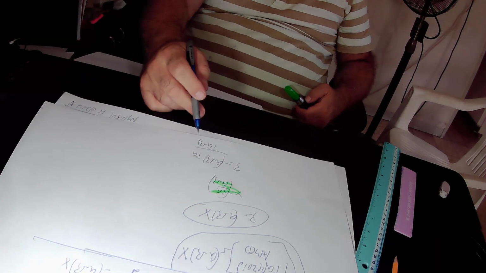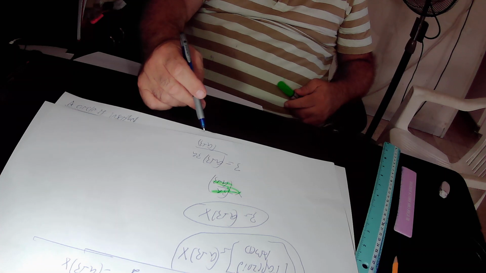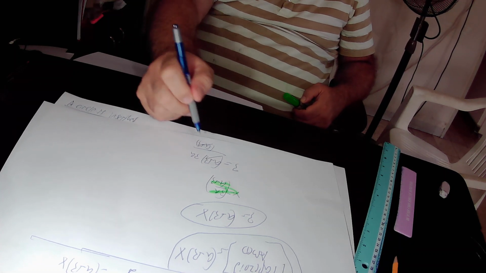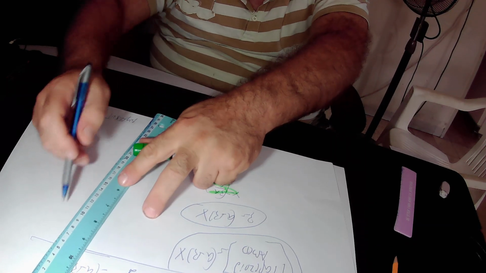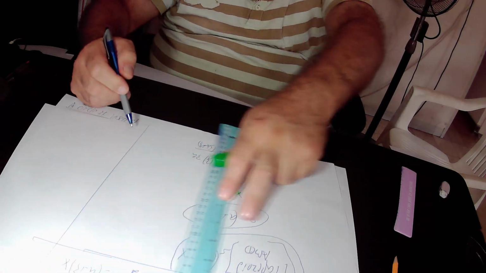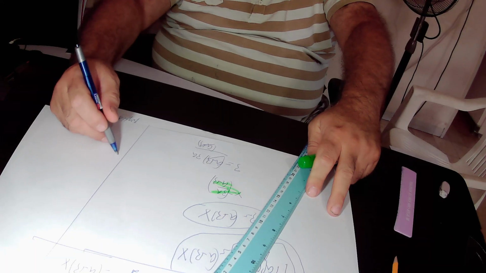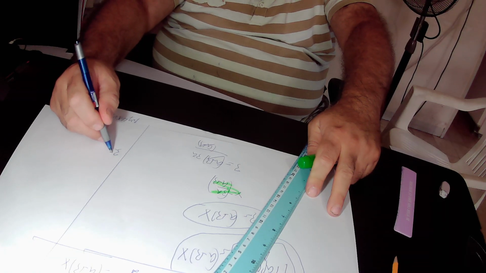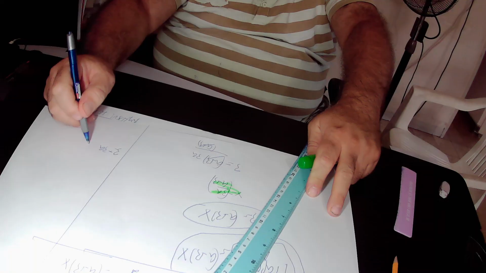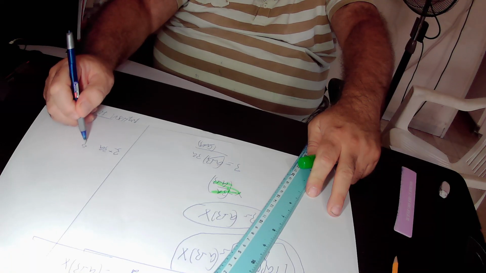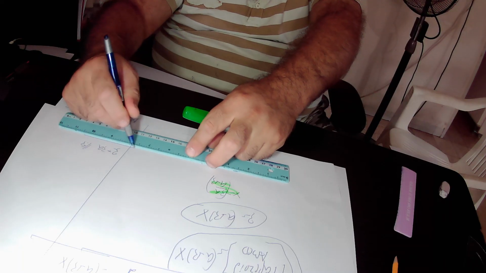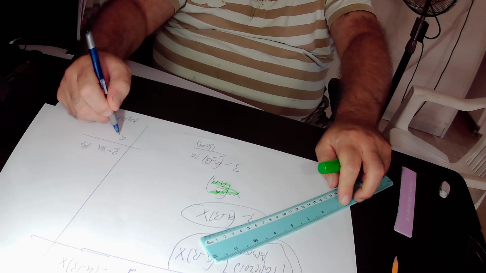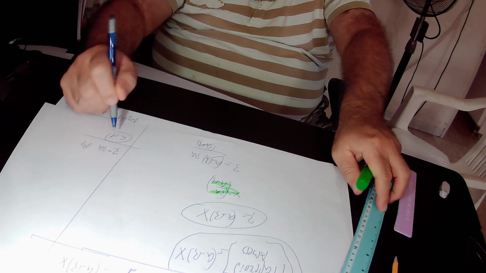We have a plus 3 in the numerator, a plus 3 in the denominator, so a plus 3 gets cancelled. And we are left only with 3 equals 3a. Here we divide this equation by 3 and we get that a equals 3 over 3, this is 1. A equals 1.